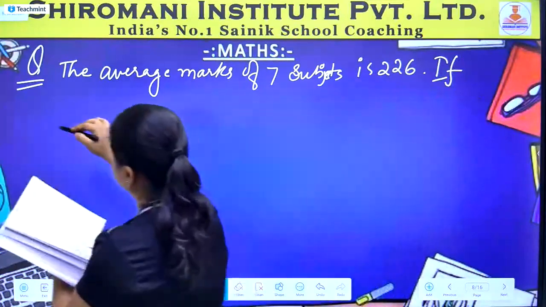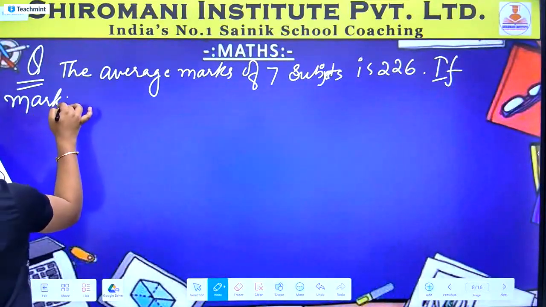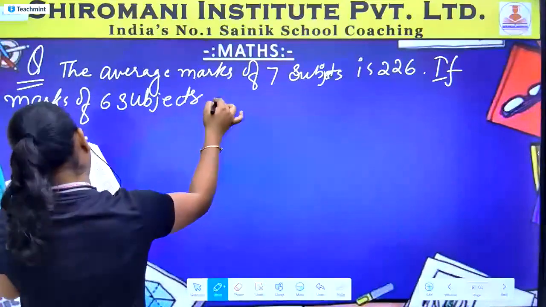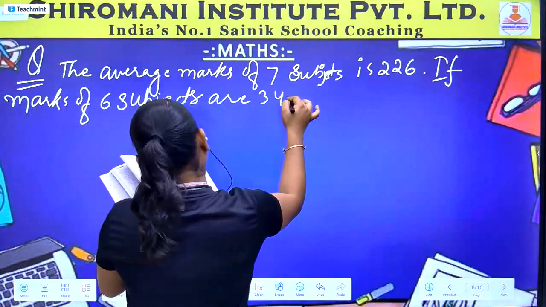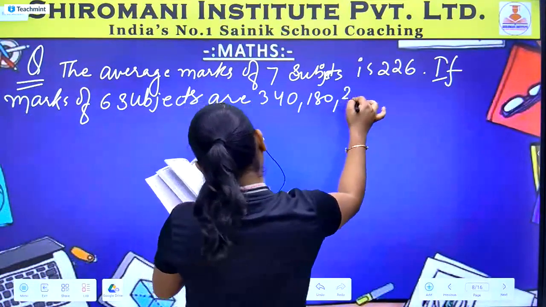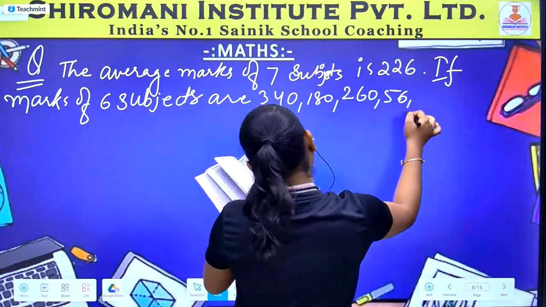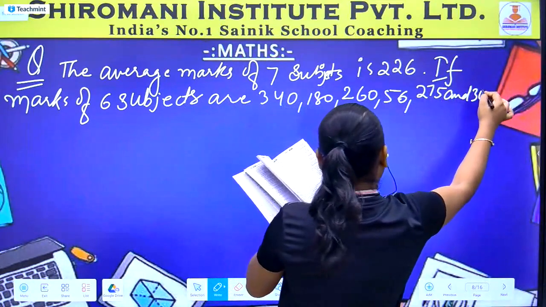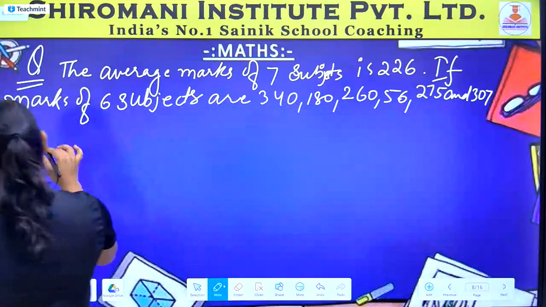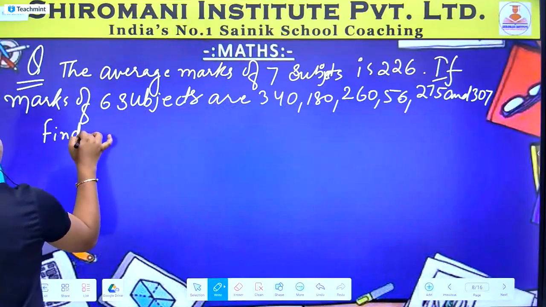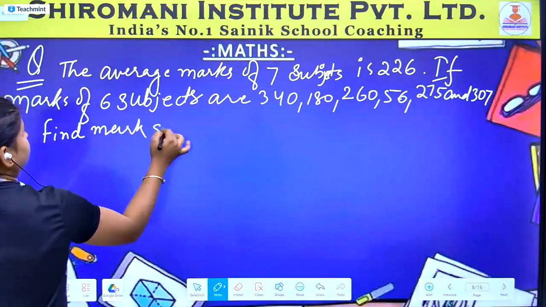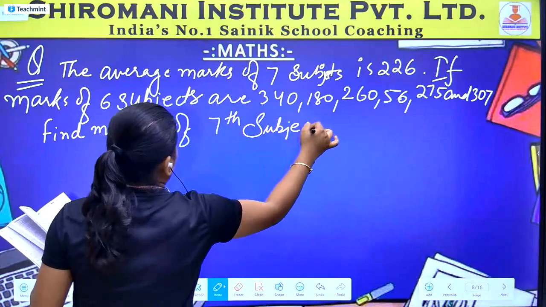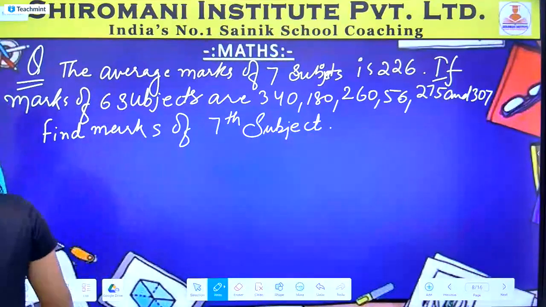If the marks of six subjects are 340, 180, 260, 56, 275, and 307, find the marks of the seventh subject.